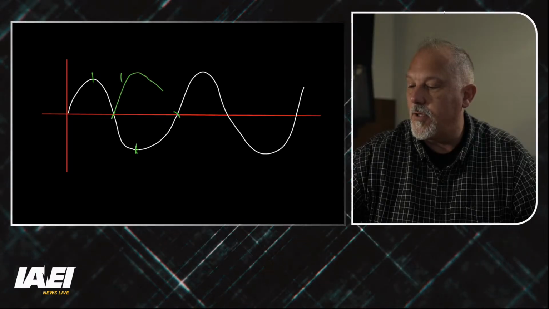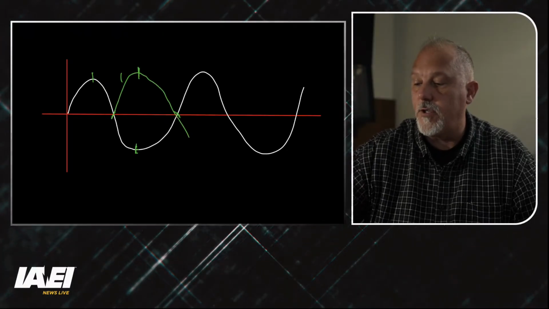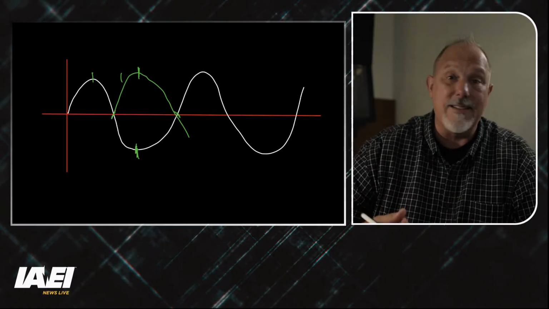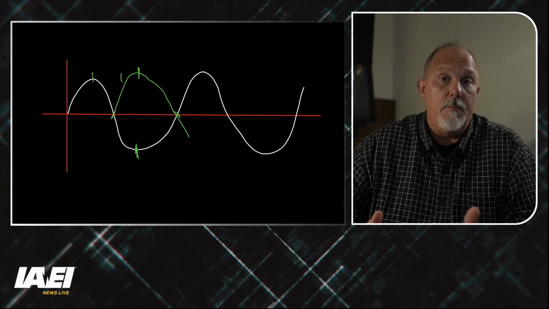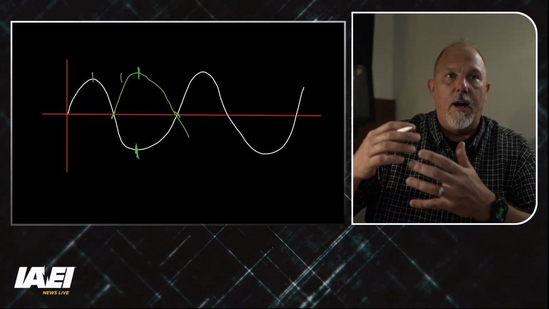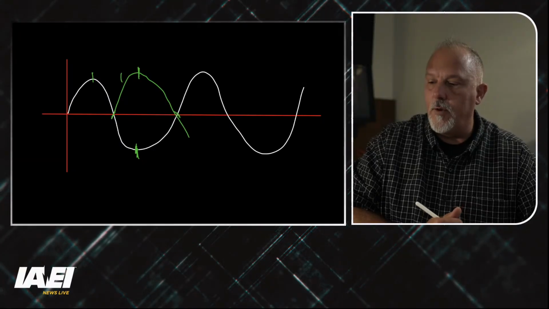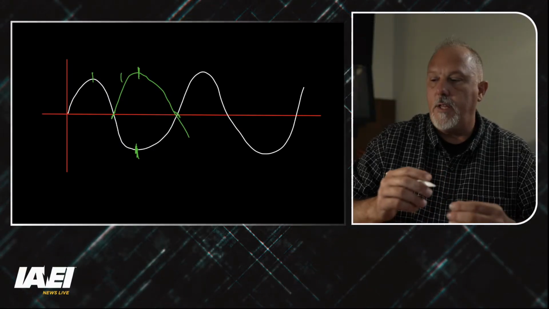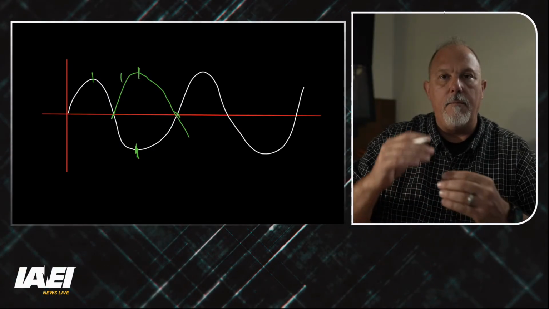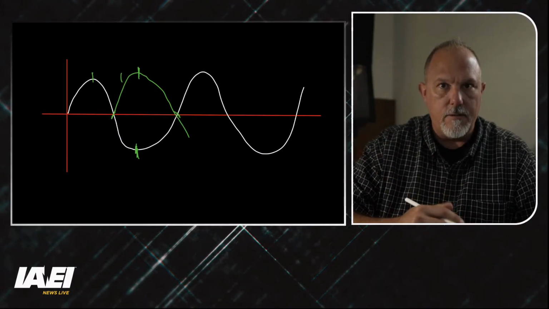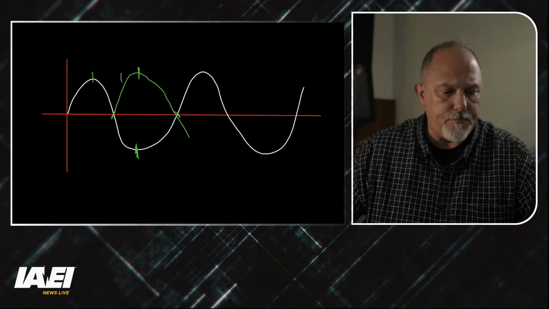If my voltage was such that the peak voltage was at the same time as the peak current, that's the hardest time to interrupt because I've got a lot of voltage and I've got a lot of current. So what you want is the maximum voltage to be at zero crossing for current, if that makes sense, okay?